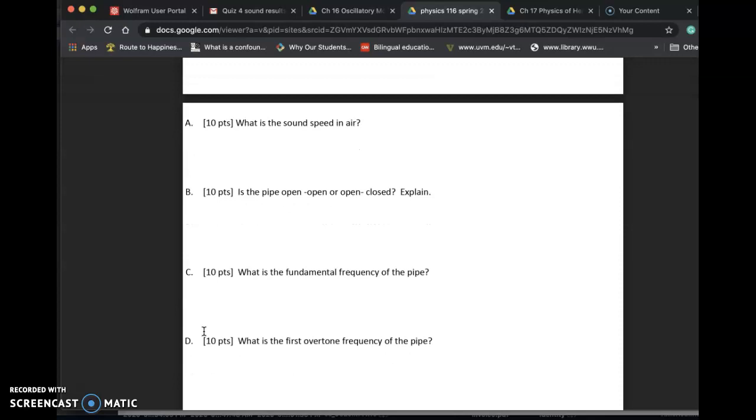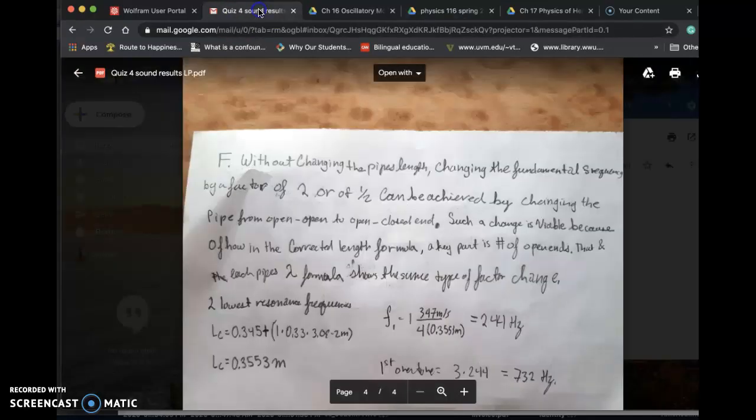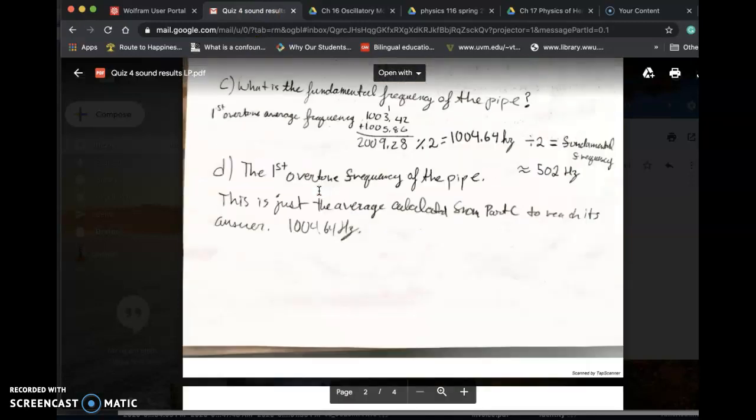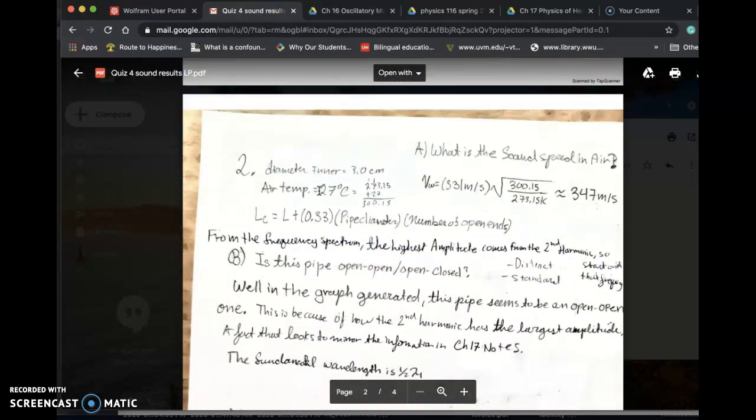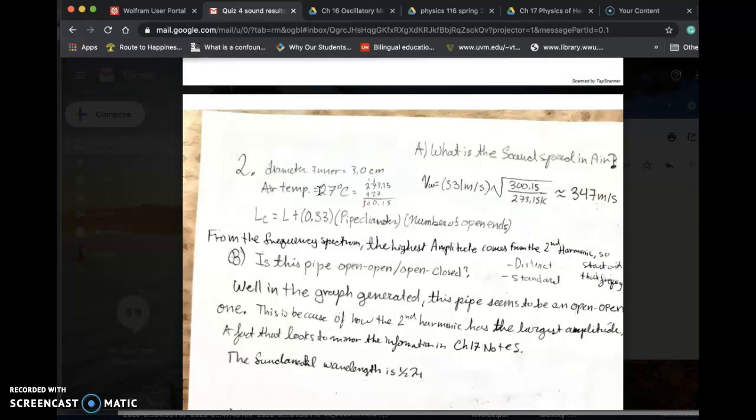Now the first part is: what is the sound speed in air? And then we have to see whether this is an open pipe or an open-closed pipe. In order to get the air speed, the velocity of sound is a constant of 331 meters per second multiplied by the square root of the temperature of air in Kelvin divided by room temperature in Kelvin.